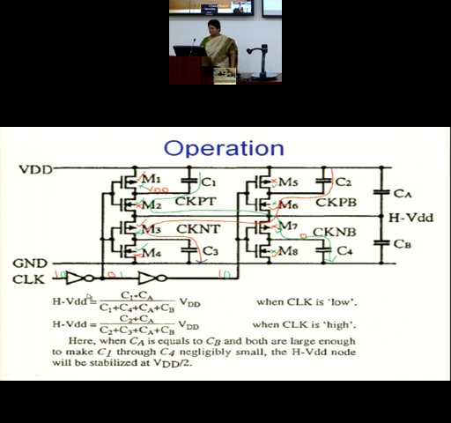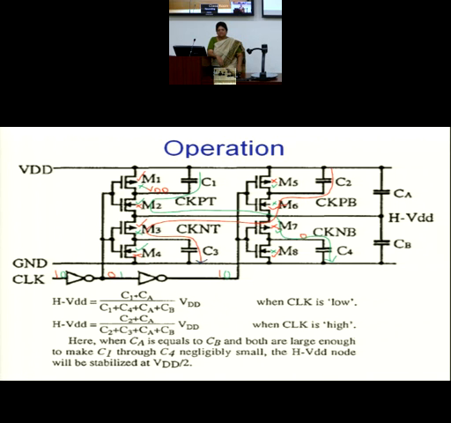So, I need to choose my values of CA and CB such that this ratio goes to half. And this is possible only if C2 and C3 are negligible. So, it's mainly CA by CA plus CB. I can choose CA, CB to be equal, large values, and it comes out to be nearly half.